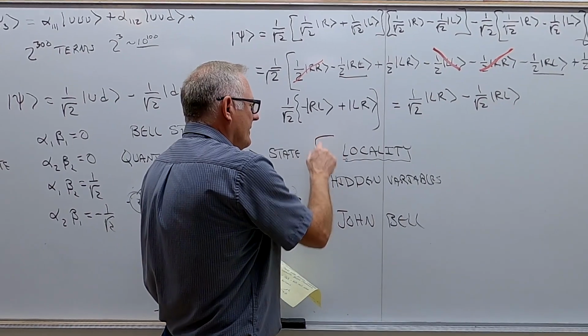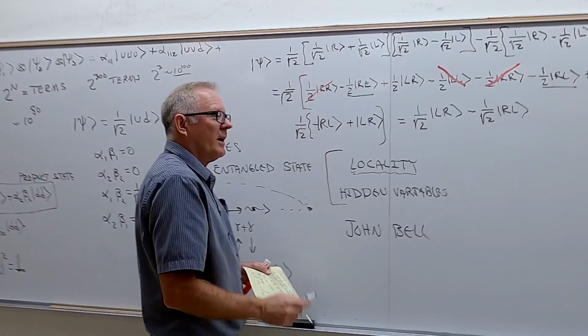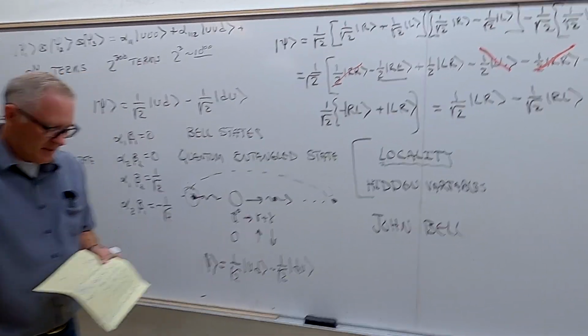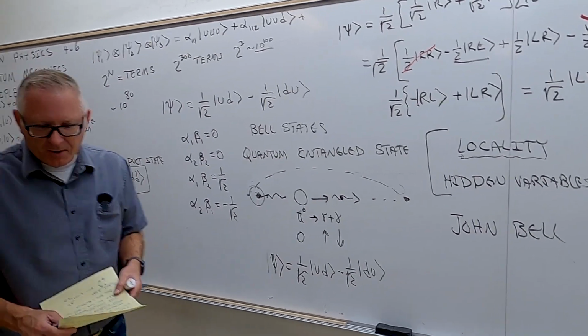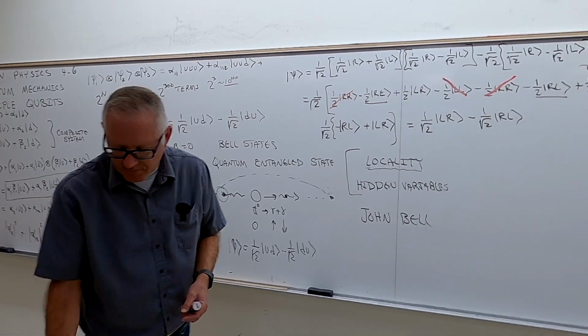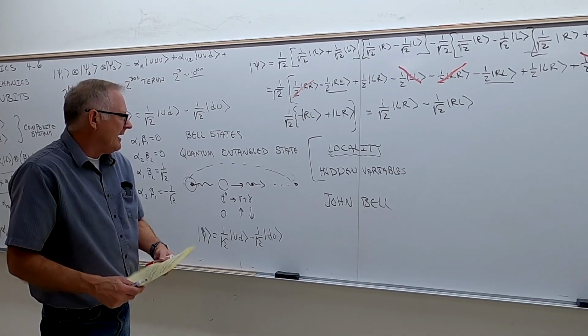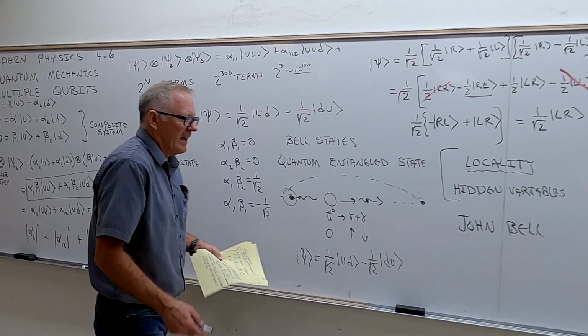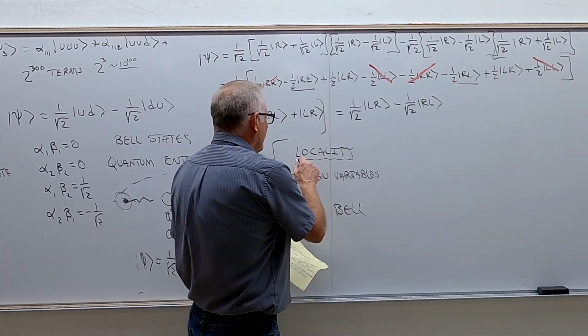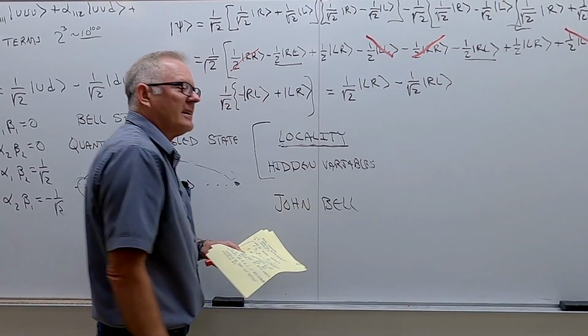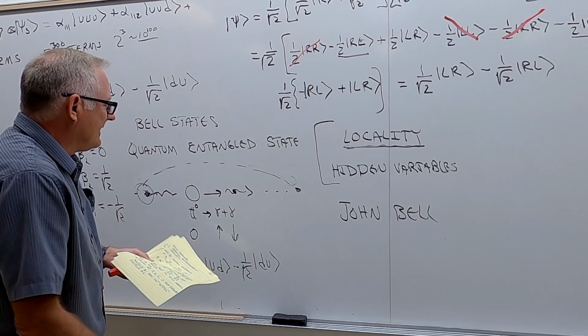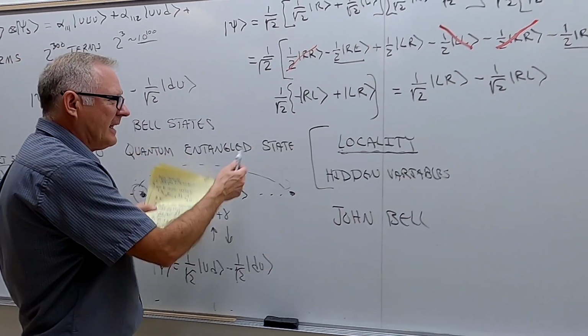So it's either this or it's quantum mechanics right here. So what Bell proposed is he said, let's assume that Einstein, Podolsky, and Rosen were correct. Let's say the universe holds to this locality. And let's assume we have quantum entanglement.